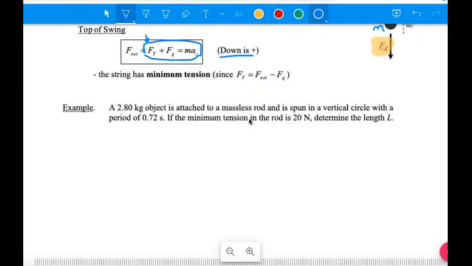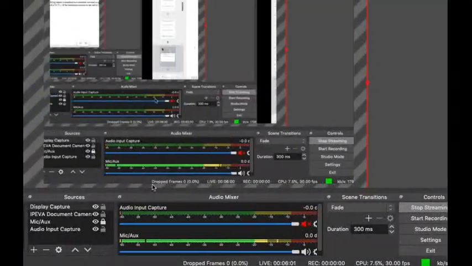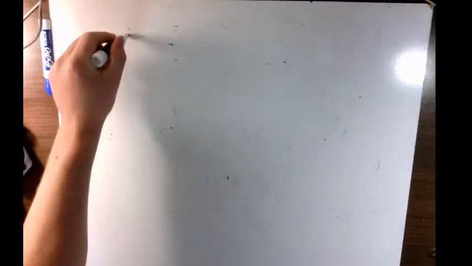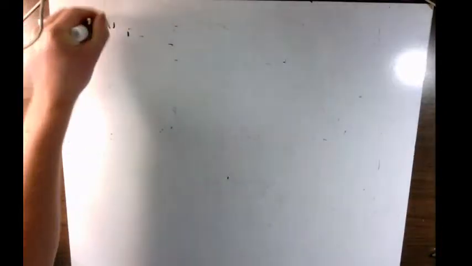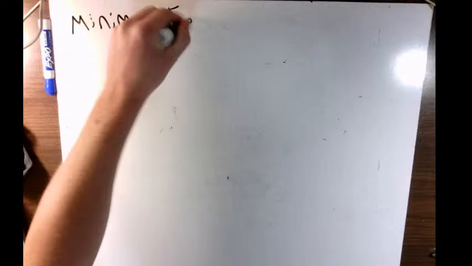Okay, let's try an example out. So we're looking at a 2.8 kilogram object. So we'll draw it out. We want to find minimum tension, right? So with minimum tension, we just went over this.